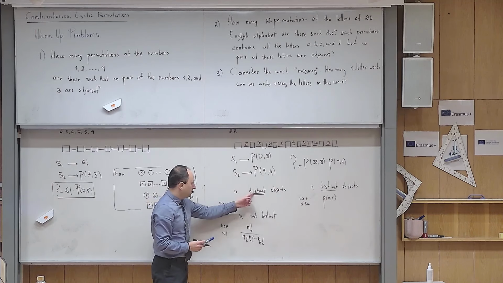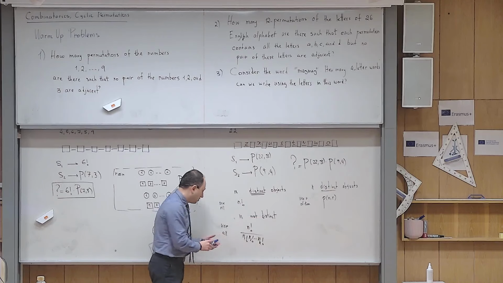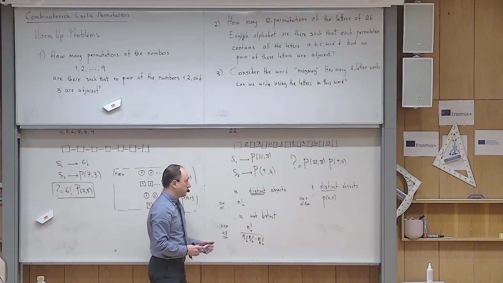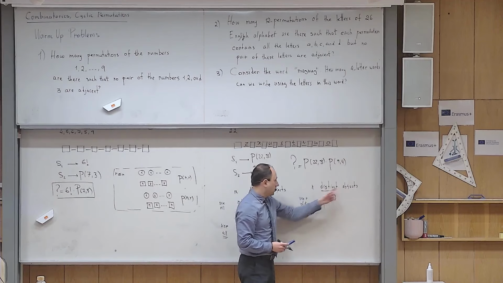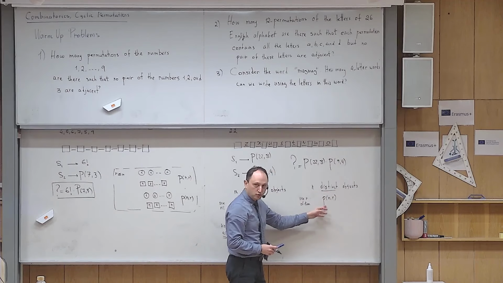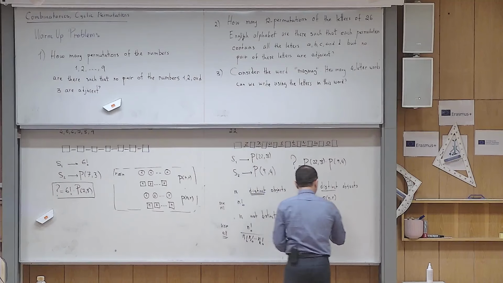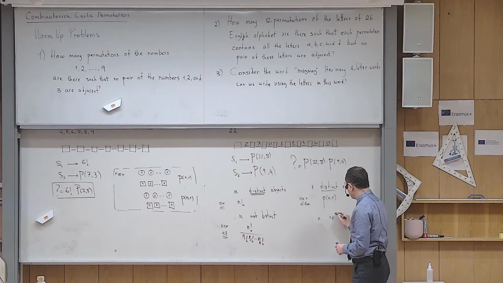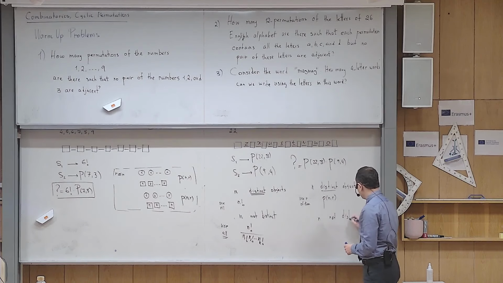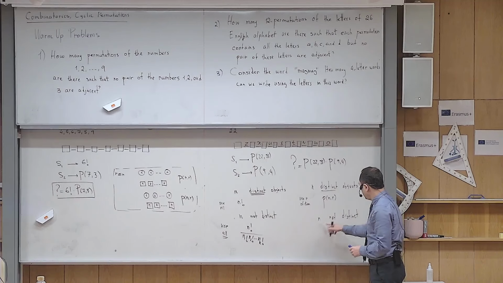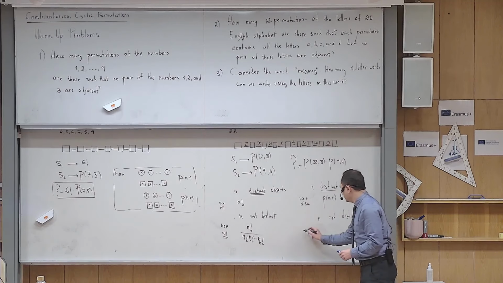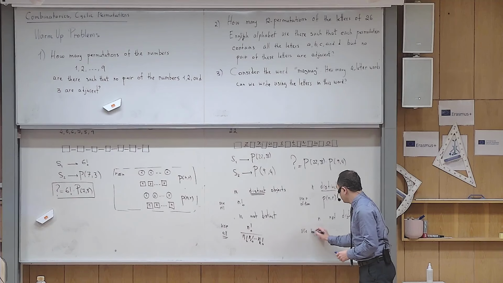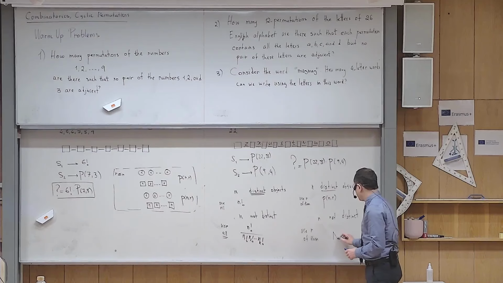So n distinct, all: n factorial. N not distinct, all: we have a formula. N distinct, I want to use r of them: we have a formula. But n not distinct, use r of them: no formulas.